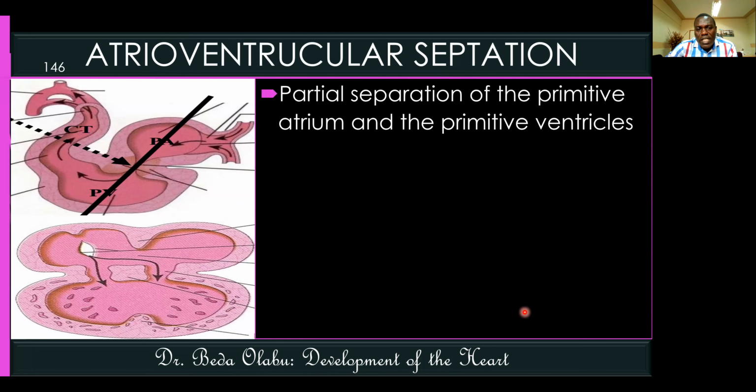We begin with atrioventricular septation. For you to separate the atria and the ventricles, you don't need to have a complete septum. Atrioventricular septation is a partial separation of the primitive atria from the primitive ventricle. How does this separation occur?